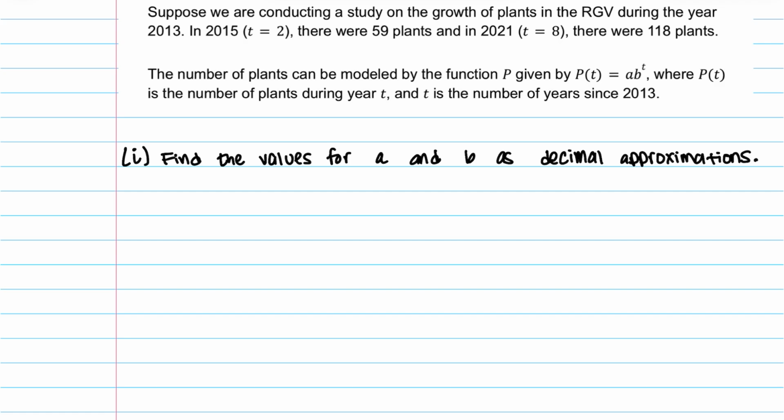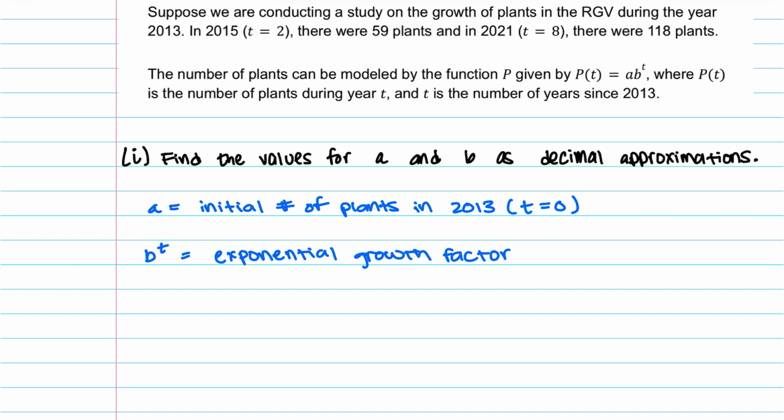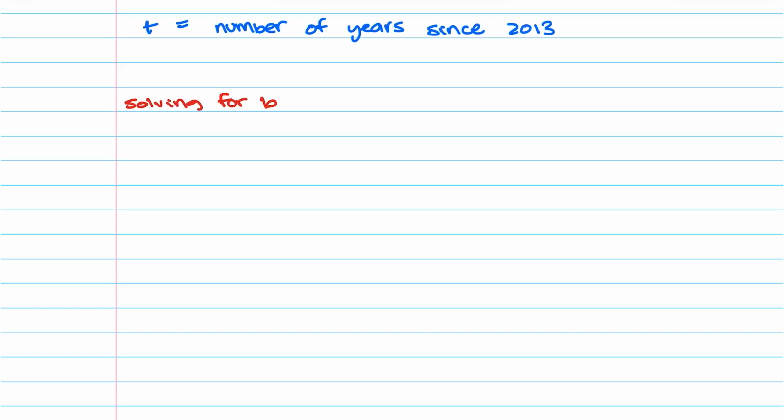Before we jump into this exercise and solve for a and b, let's define what a and b are. a represents the initial number of plants in 2013, designated by t is equal to 0. b to the t is the exponential growth factor, and just like the problem mentioned, t is equal to the number of years since 2013. And so we'll start this exercise by solving for b.